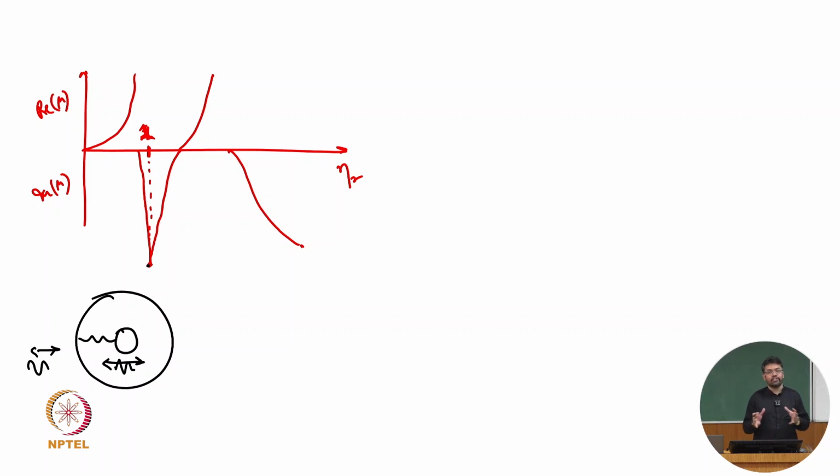So the internal mass starts resonating, and this is principally a 2 degree of freedom system. So what happens when a 2 degree of freedom system oscillates at the resonating frequency?